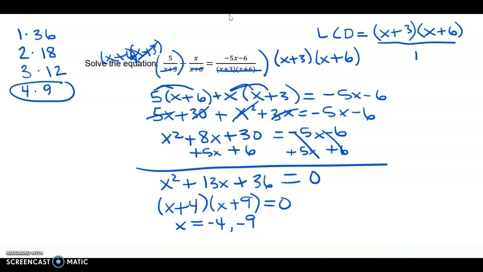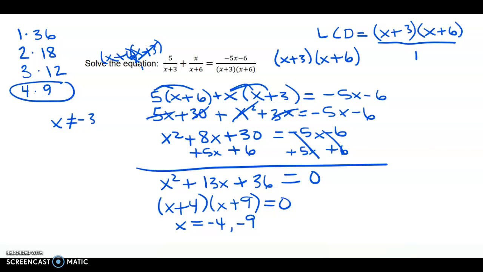Now, if you remember, every time we're solving these rational equations, we have to make sure we don't have extraneous solutions. What I mean is we can't have numbers that make our denominators not exist, or our fractions not exist, which means denominators would be 0. Well, here I can see if we have x plus 3, a negative 3 would make that denominator 0.